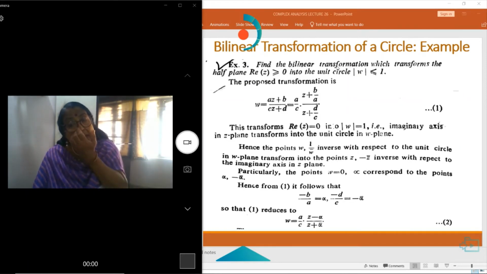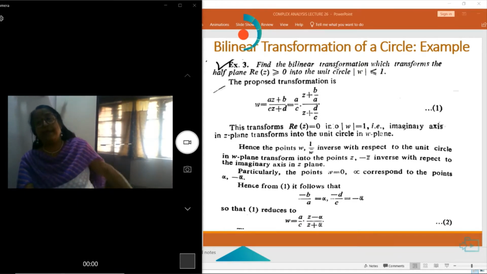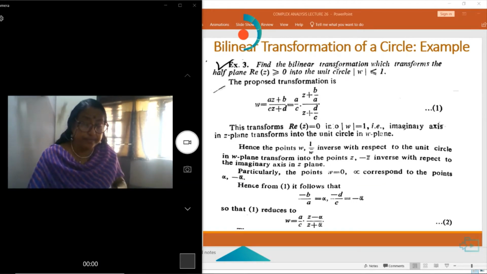That is, the real part of z greater than or equal to 0 transforms into the interior points in the w plane under this bilinear transformation.